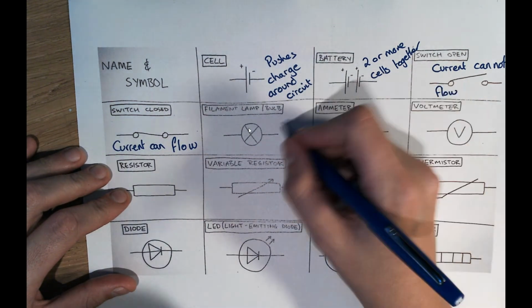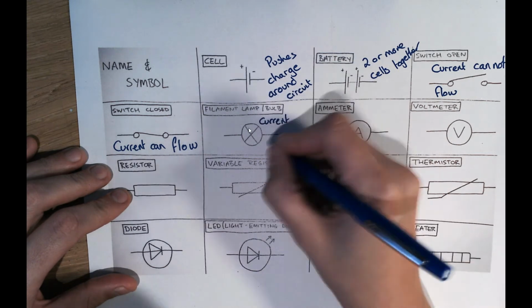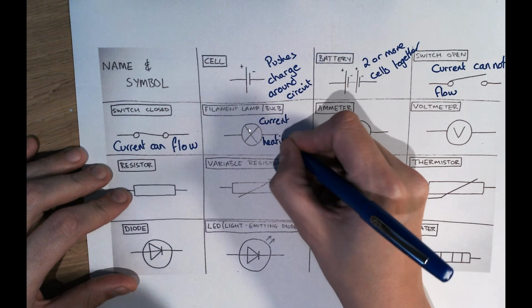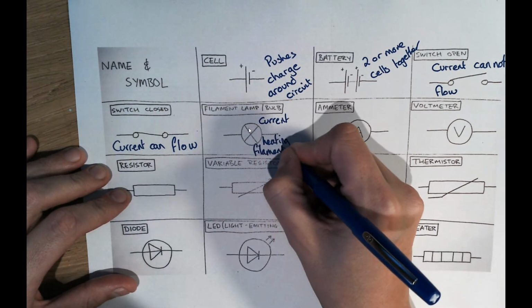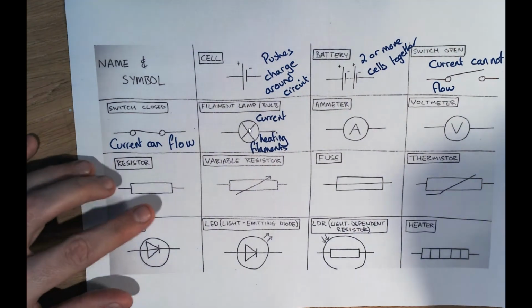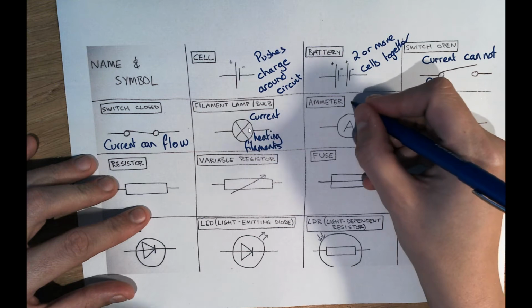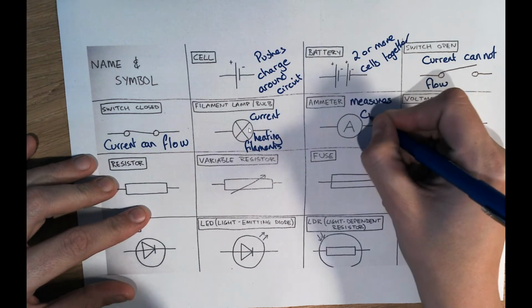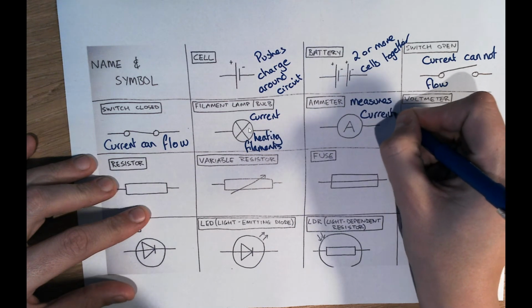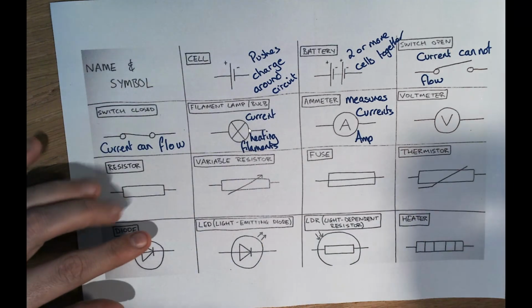Filament lamp, a circle with a cross in it. Now a filament lamp or bulb works by current heating up the filament, and that means it emits light. The ammeter measures current in the units of amps, or amperes, but amps for short.